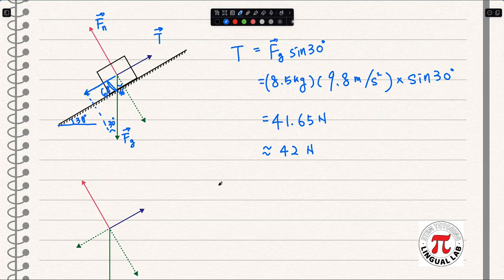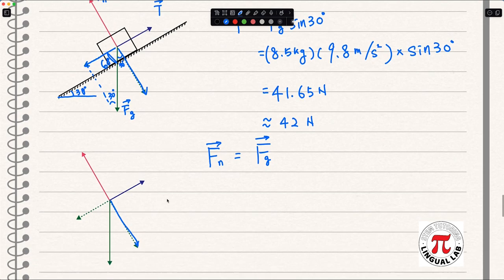So the normal force should be equal to the gravitational force component perpendicular to the surface, as we can see on the bottom in this graph.